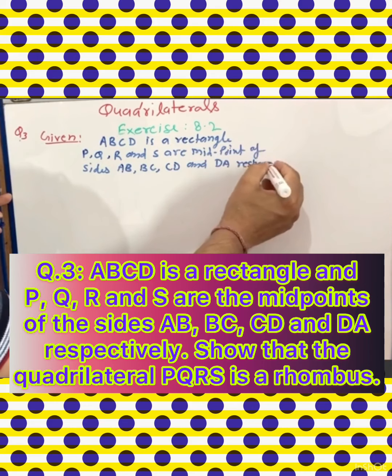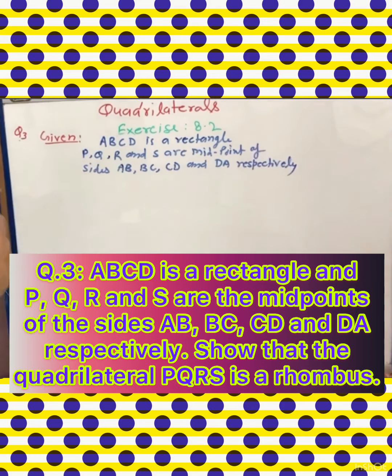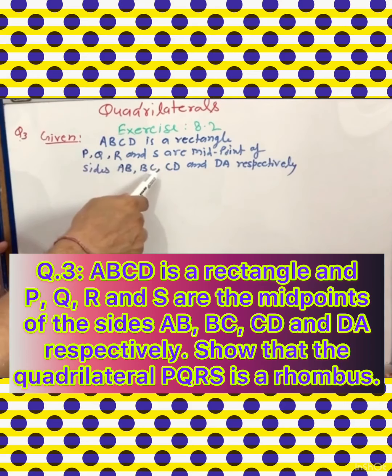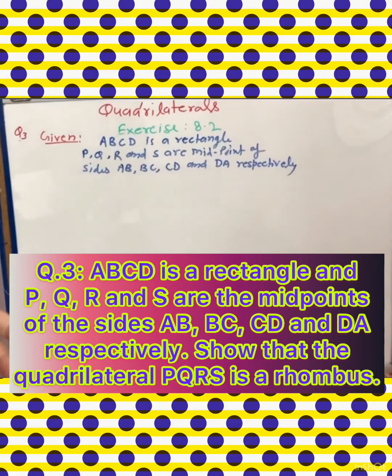The meaning of respectively is: P is the midpoint of AB, Q is the midpoint of BC, R is the midpoint of CD, and S is the midpoint of AD or DA. So this is the meaning of respectively.